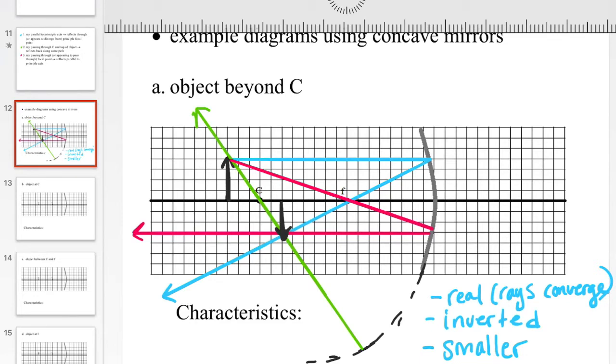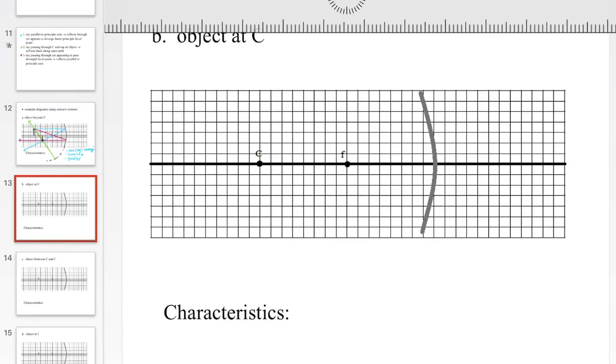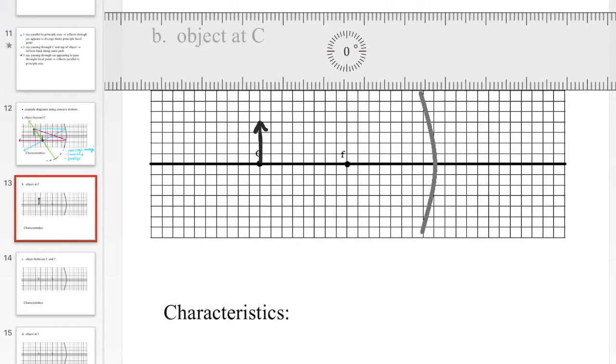Okay, let's do a few more examples and ways that you could be reflecting off of this mirror. So what if we had an object at C? So say our object was right there. Okay, so again, I want my 3 rays to be able to figure out what the heck's happening.